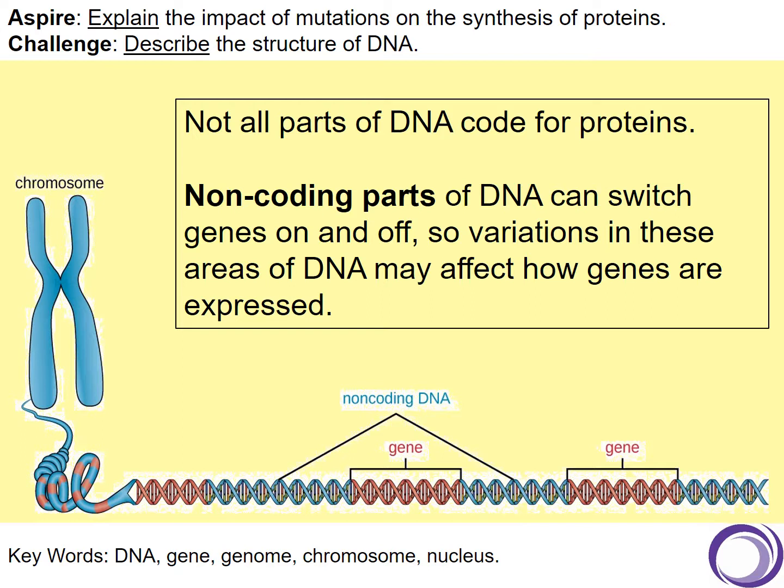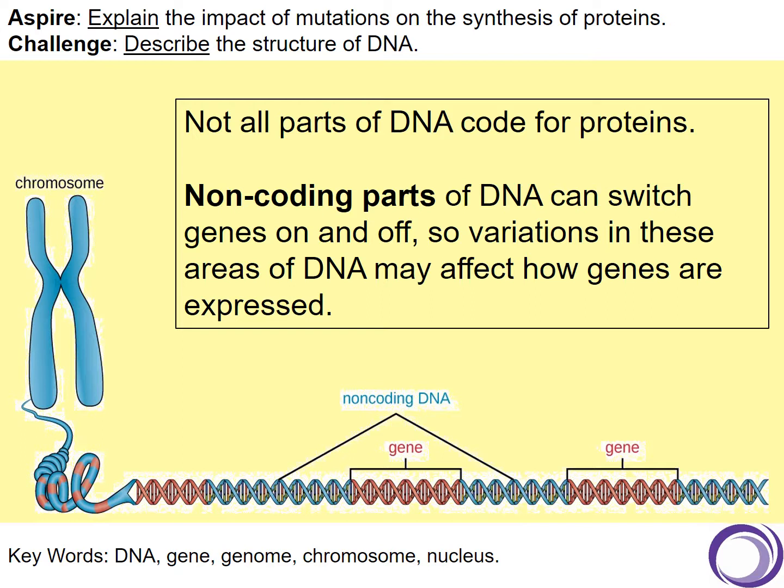So scientists are still trying to work out what this non-coding part of DNA does do. But what they think it does is it switches genes on and off. So variations in these non-coding parts of the DNA affect how the genes are expressed.